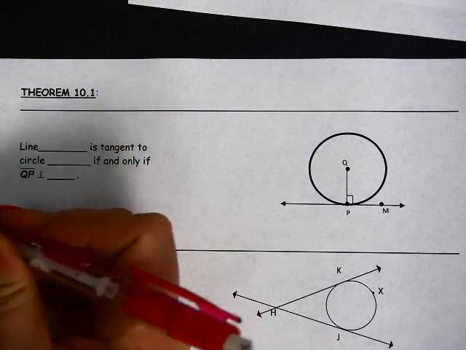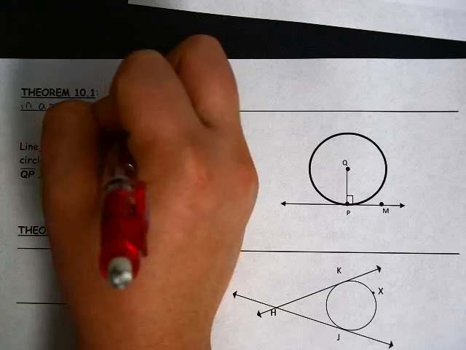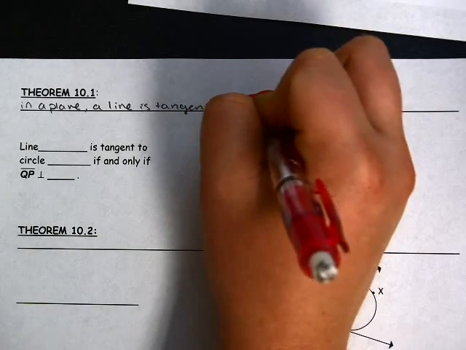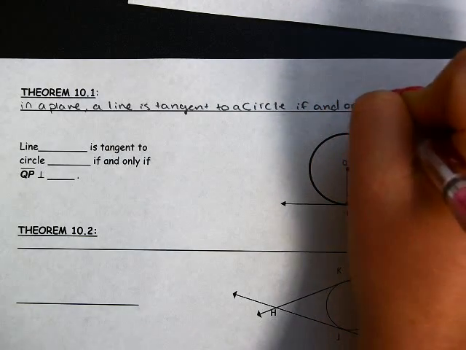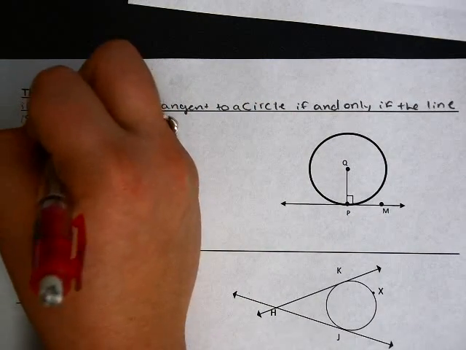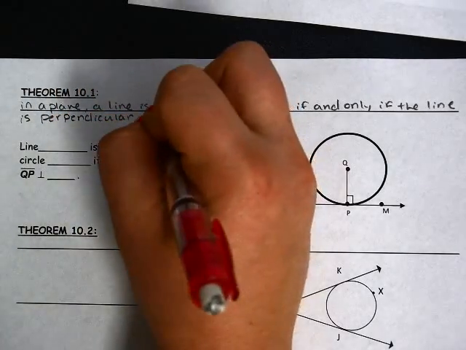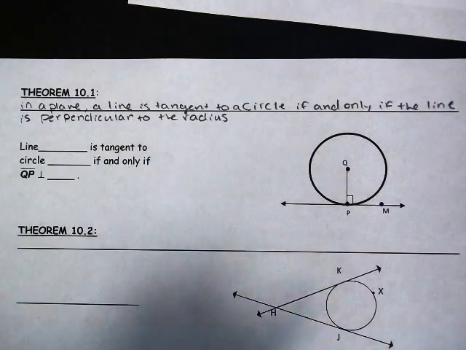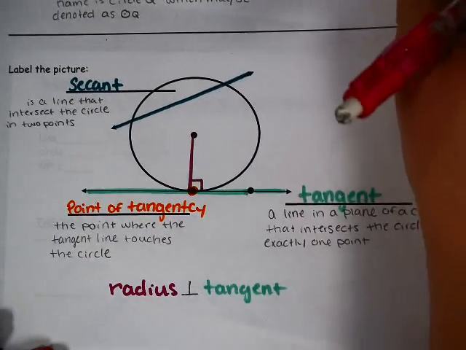And the theorem basically says in a plane, a line is tangent to a circle if and only if the line is perpendicular to the radius, which is what I mentioned right here on this part of the notes.